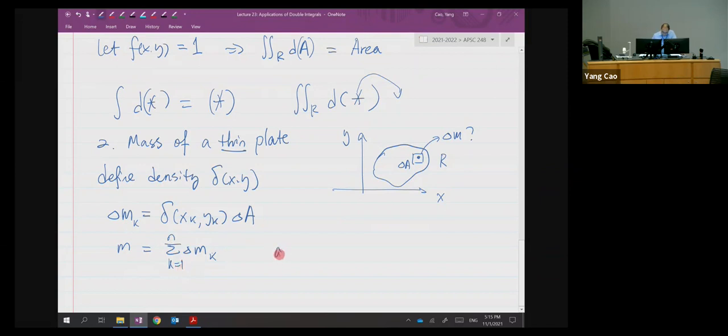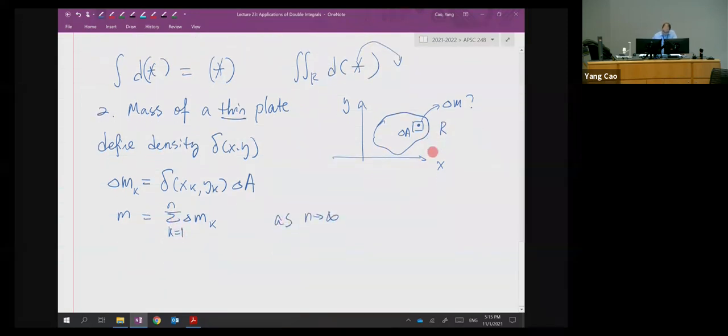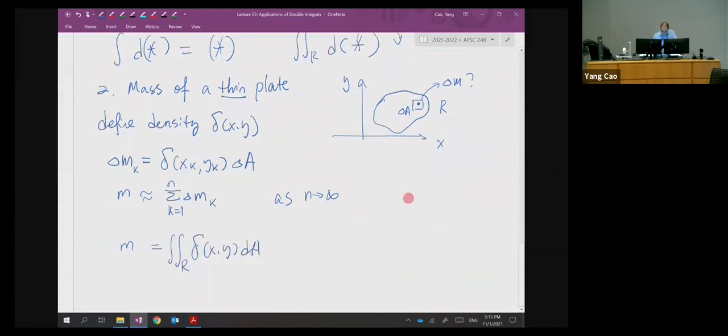Now, as n goes to infinity, this is approximate, the summation sign becomes a double integral. And then delta mass here basically becomes delta of x, y times dA, and you're integrating over the region R. So now you get a double integral.